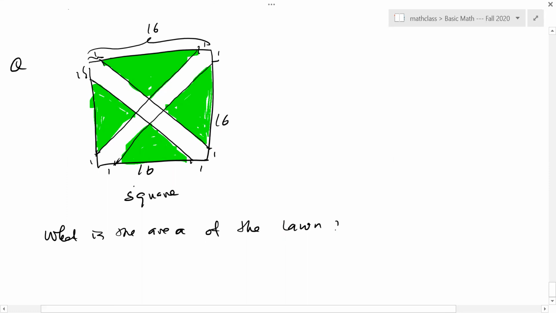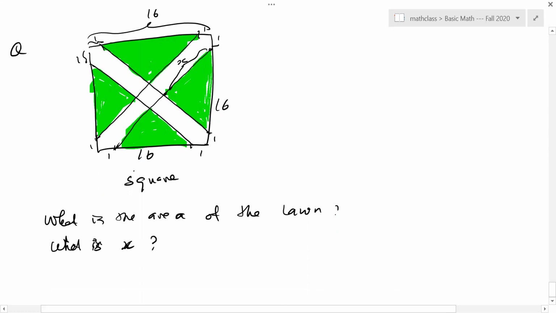My first question. The second question is, maybe I will ask you what is x also. Can we measure the x on this side? Anyone can figure out the total area of the lawn.